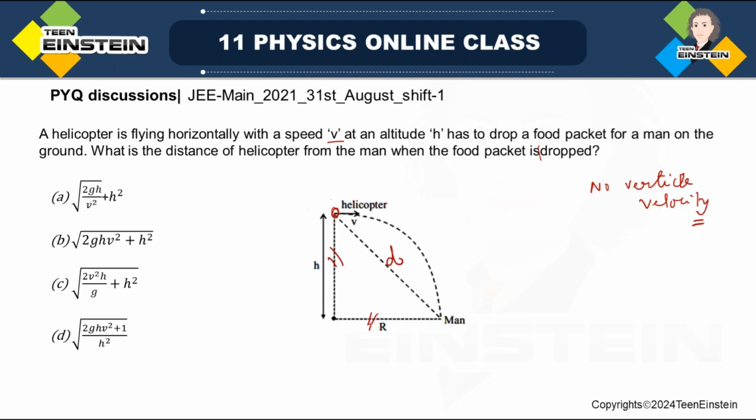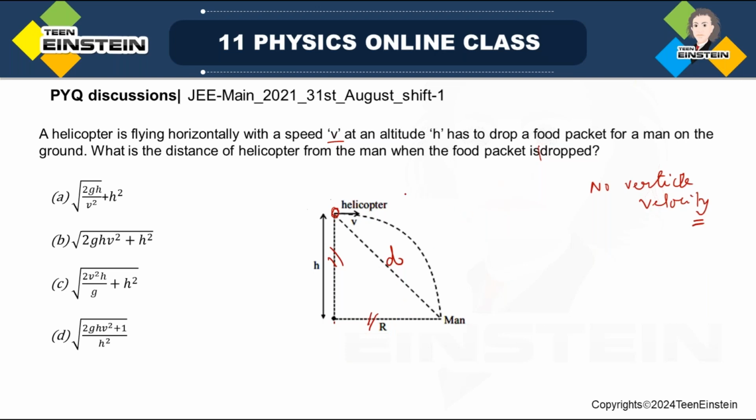But this r, this range, from the particular position where the helicopter was to where the food packet lands, that is in the hand of the man. So this distance you have to find out, this range you have to find out in terms of v and h. Okay, so how do I do that?